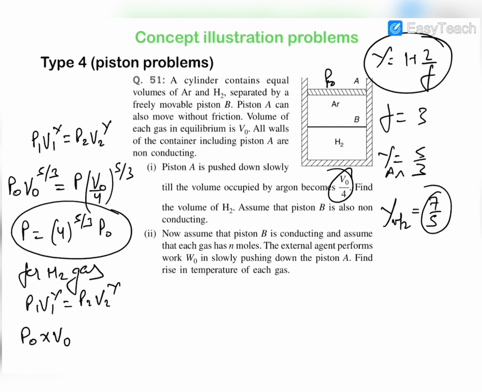So P naught V naught to the power 7 by 5 is equal to the final pressure times volume to the power 7 by 5. The final pressures of argon and hydrogen will be the same, because this piston is movable and the gases are in equilibrium.